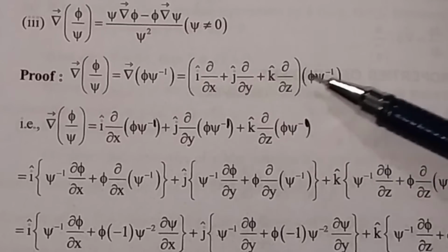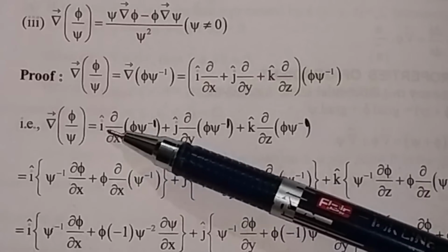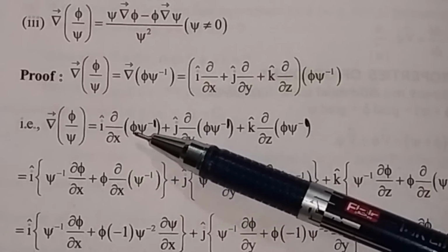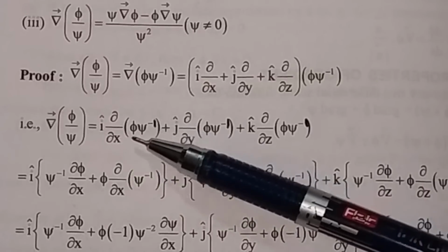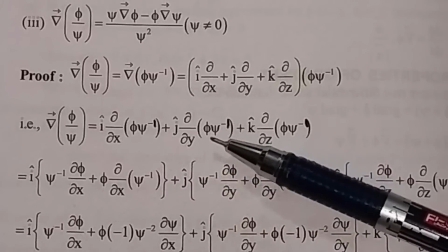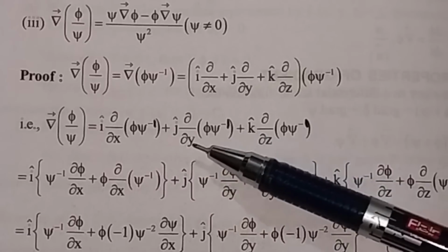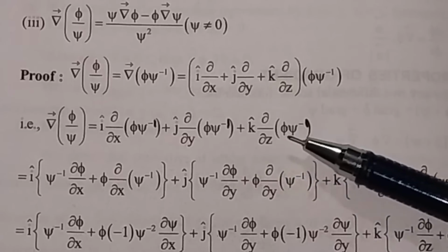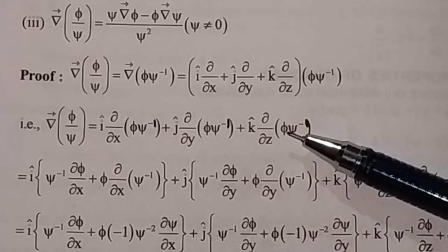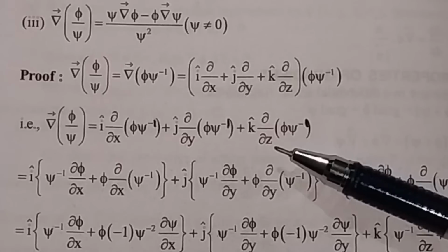So if you take the partial derivative, then you will get i cap partial derivative of phi psi inverse with respect to x, then j cap partial derivative of phi psi inverse with respect to y, then k cap partial derivative of phi psi inverse with respect to z.